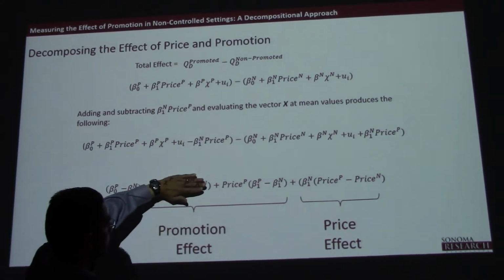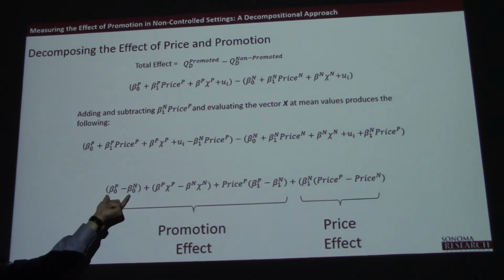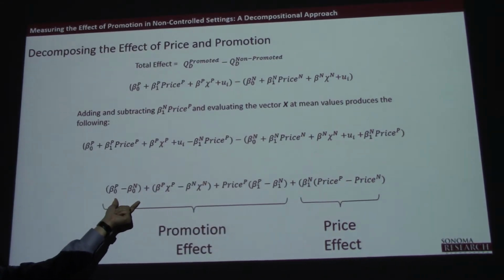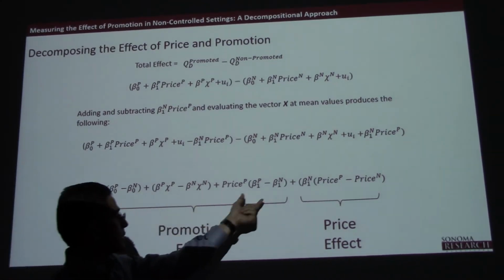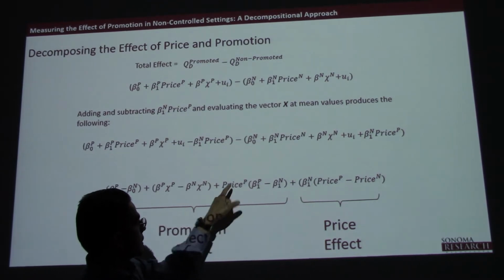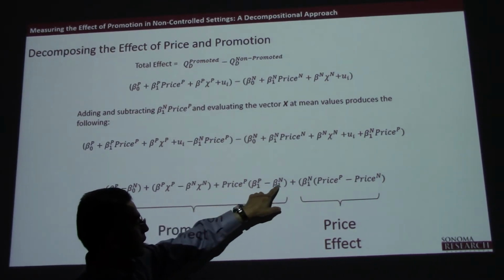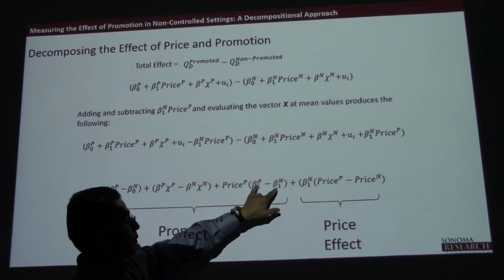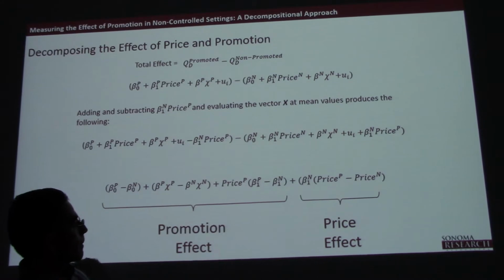So it really boils down to just these two things. The difference in the intercepts, which is the vertical distance between the two lines. And then this is the promoted price evaluated along the difference between the two promoted and non-promoted demand curves.